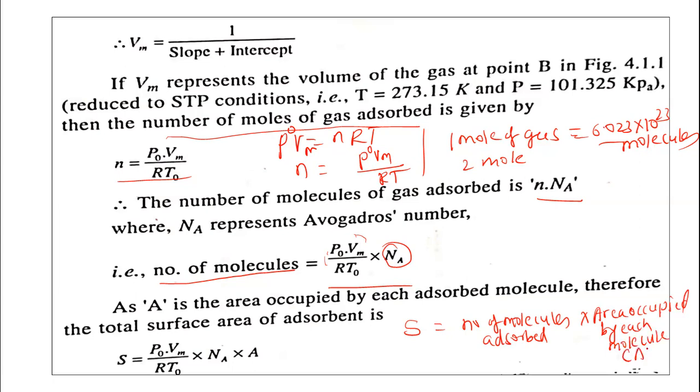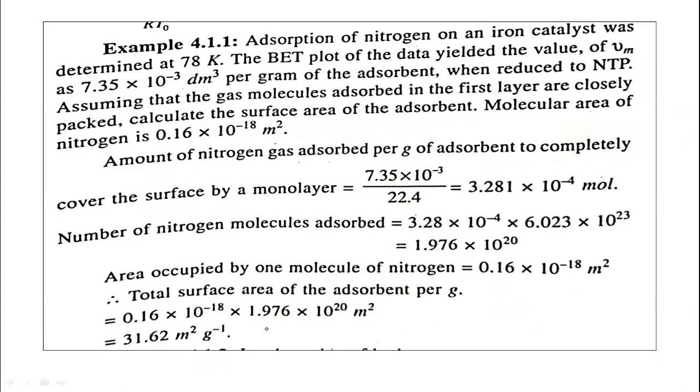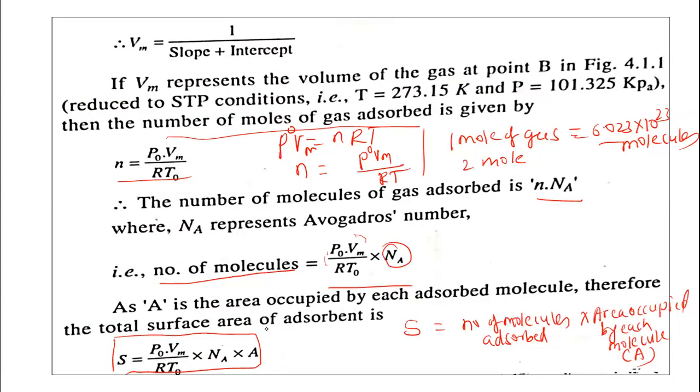So the number of molecules is equal to P0 Vm upon RT into Na. With the help of this equation we can determine the surface area. Surface area S is equal to P0 Vm upon RT into Avogadro number into A. So in this way we can determine the surface area of the adsorbent.